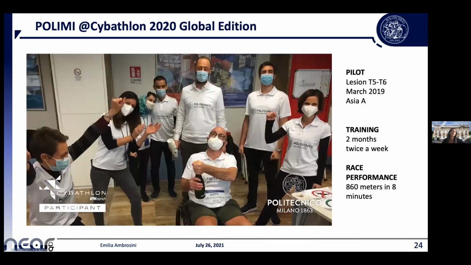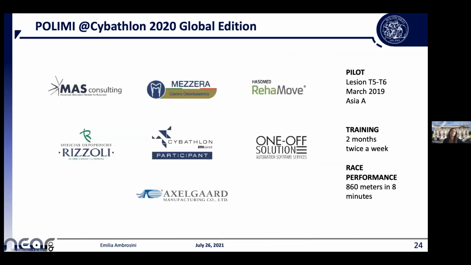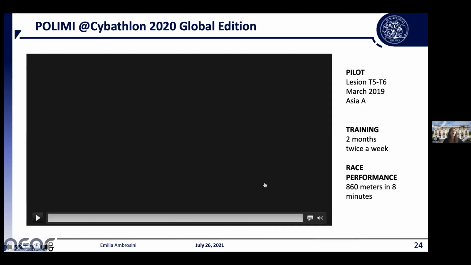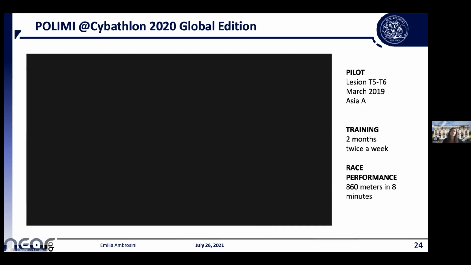Our performance was not the best, so we did not achieve the final objective of the race, which was to perform 1 kilometer and 200 meters, but we could perform 860 meters in 8 minutes. We were anyway very happy given our very short training, and our pilot was also very satisfied, so he stayed with us.